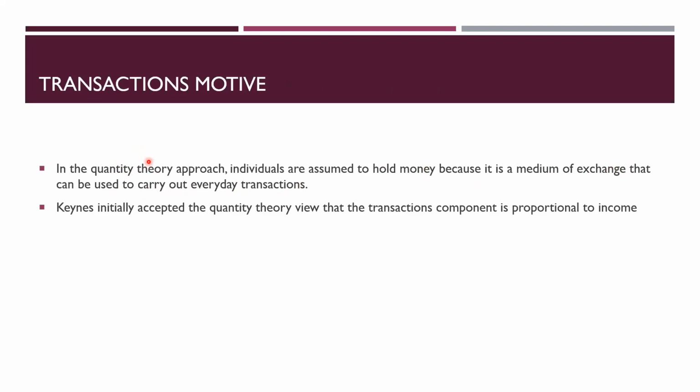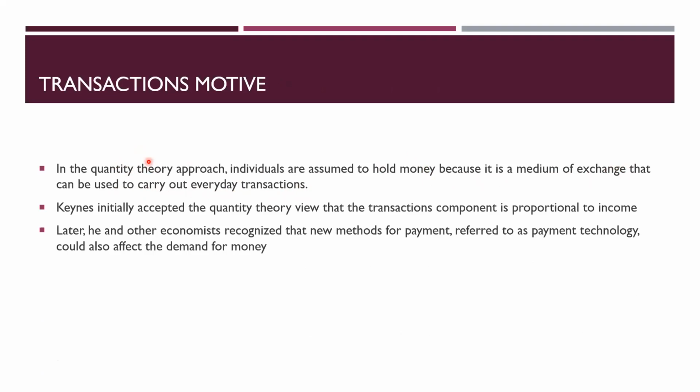He was in support of what was being proposed by the quantity theory. Later, he and other economists recognized that new methods of payment, referred to as payment technology, would also affect the demand for money.